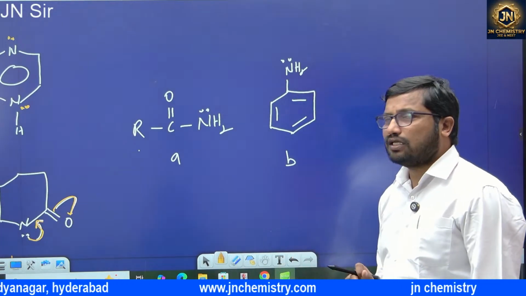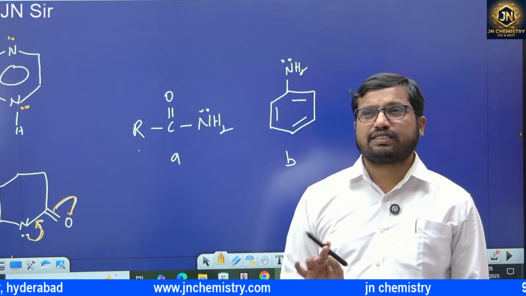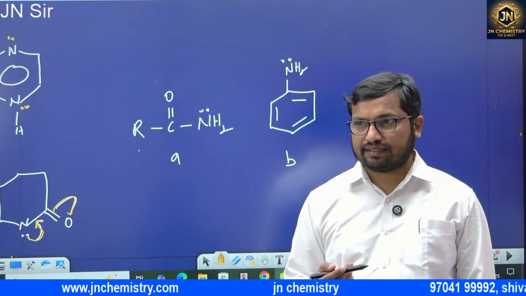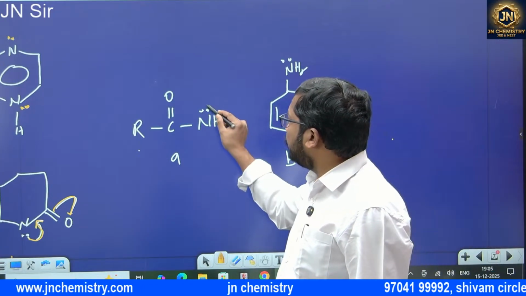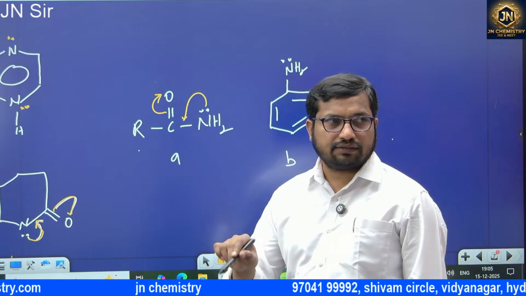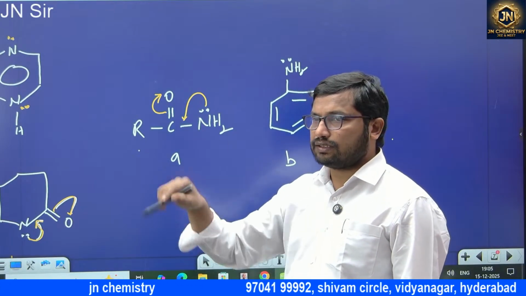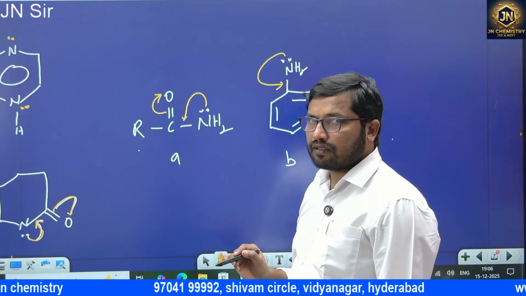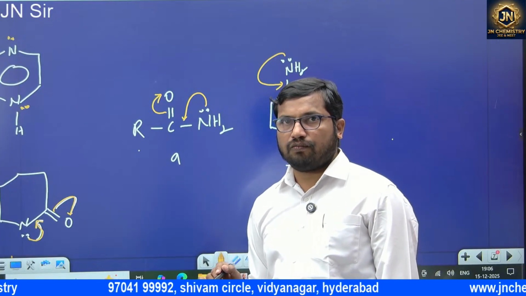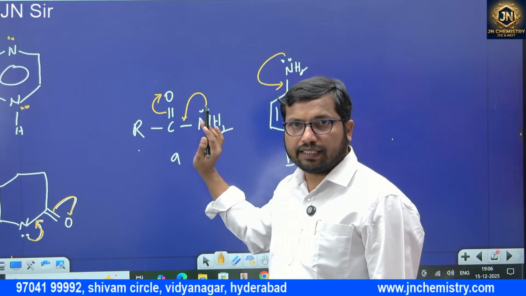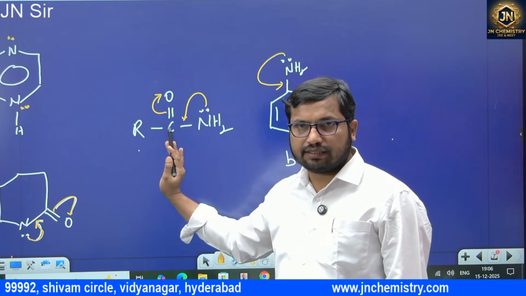In the last class I told you, in the case of carboxylic acid and benzoic acid, which is the more acidic case. This lone pair is participating in the effective resonance. We get equivalent resonating structures when we compare with this. More effective resonance is possible in the case of amides, aliphatic amides.